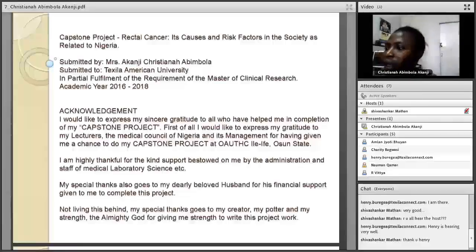The rectal cancer incidence was negligible before the 1900s and has been rising dramatically following economic development and industrialization. Currently, colorectal cancer is the third leading cause of cancer death in both male and female in the United States.